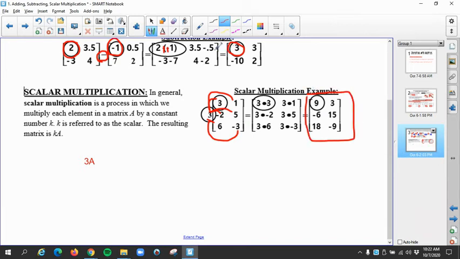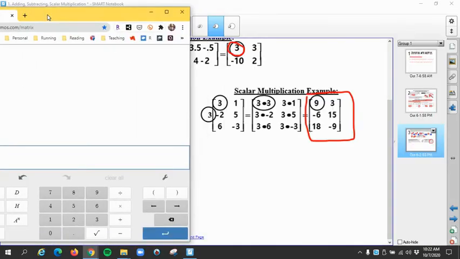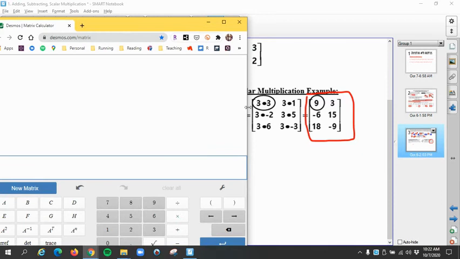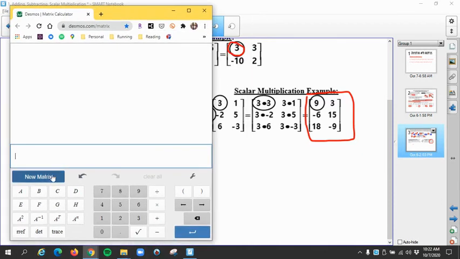You can also do this by using your Desmos calculator. So let's work that one out. If you hit clear all in your matrix calculator, it'll clear all those out for you. I'm going to type in the matrix that I start with, which in this case is this one over here. Notice the dimensions are a little bit different.